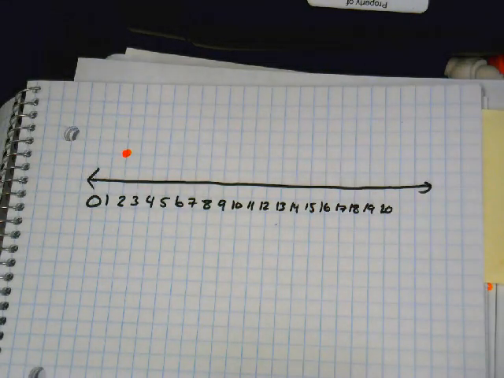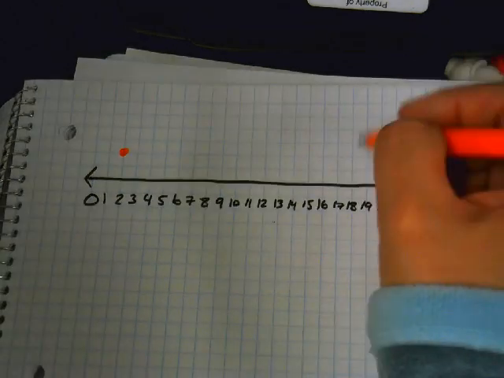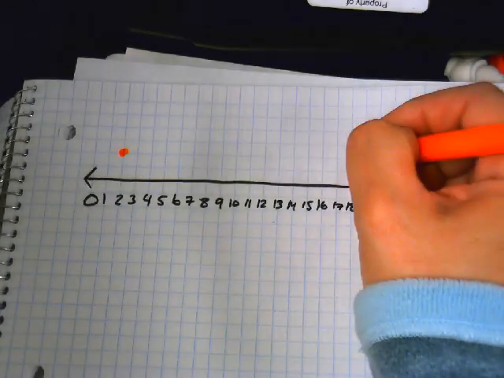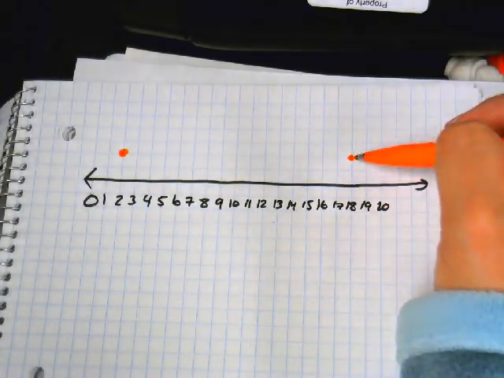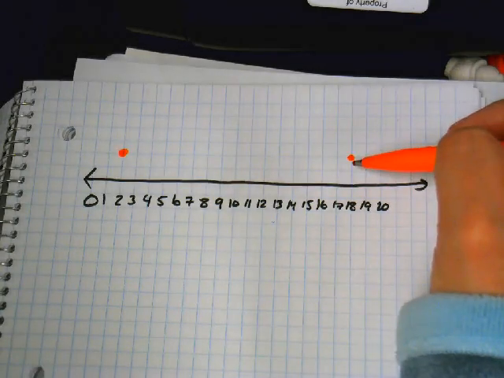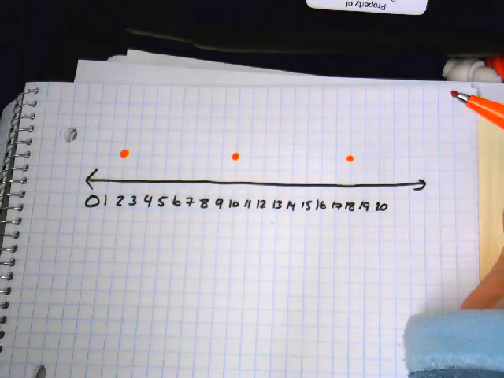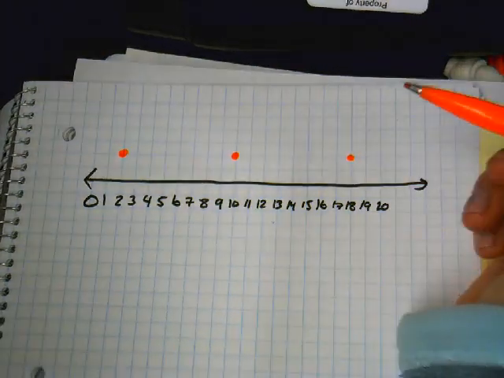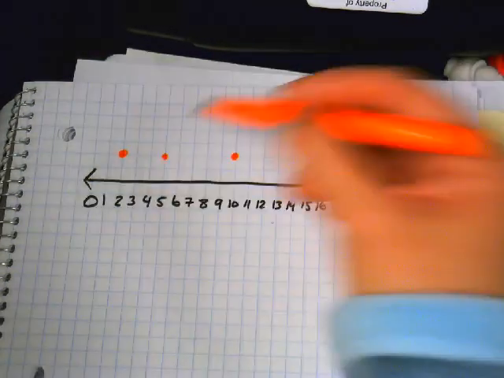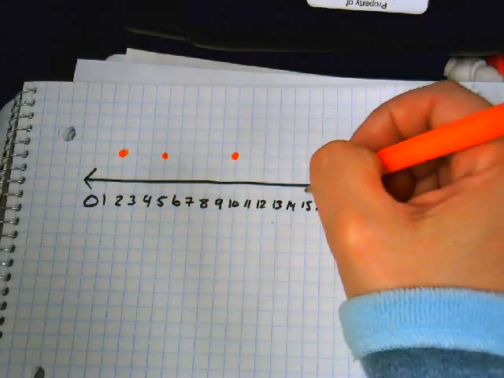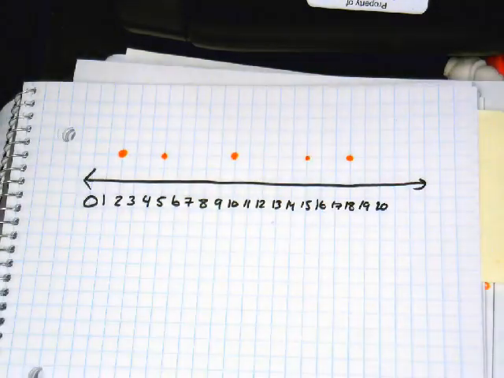What's our maximum? So we're going to put a dot on 18, floating. What's our median? 10. So a dot on the 10. What's our lower quartile? And our upper quartile? So we're going to have these 5 dots on our paper.